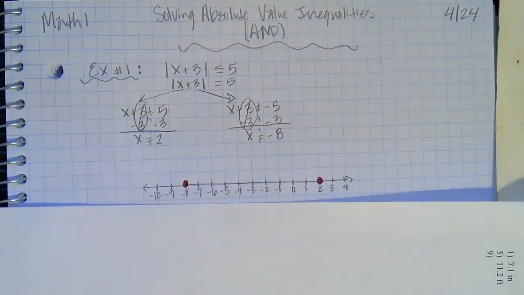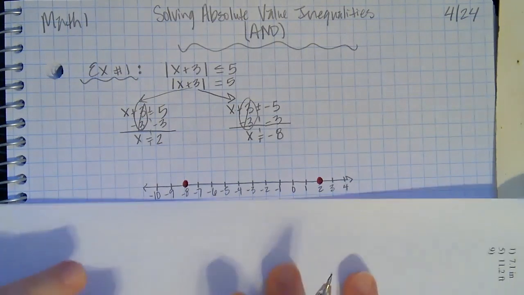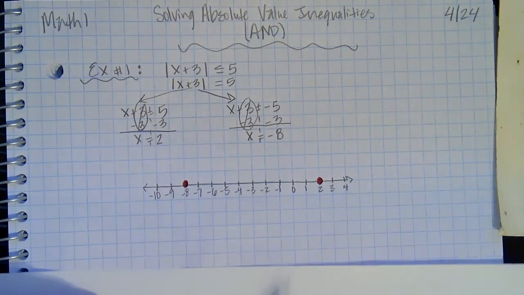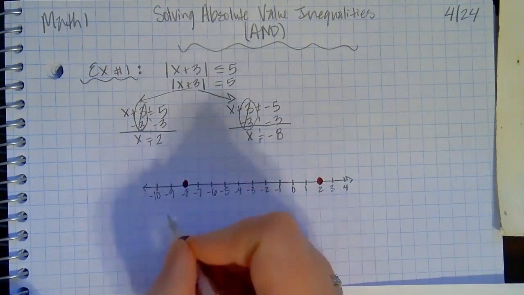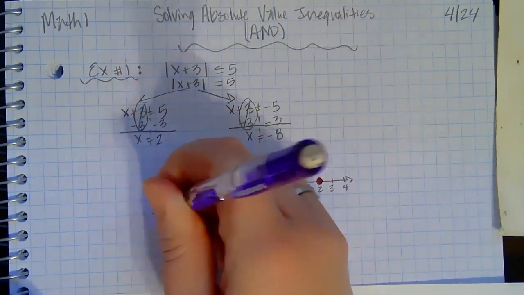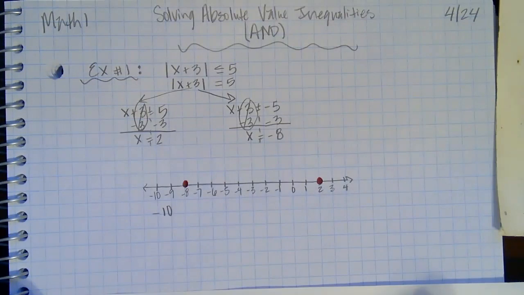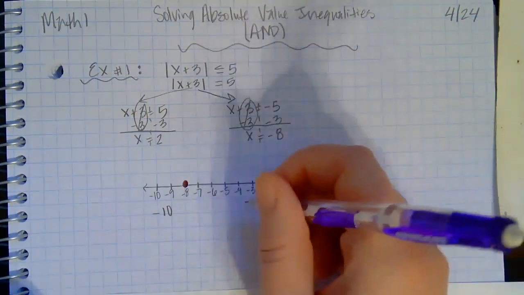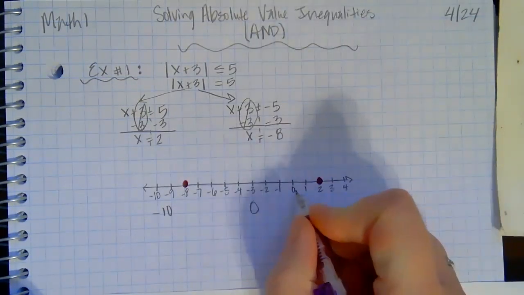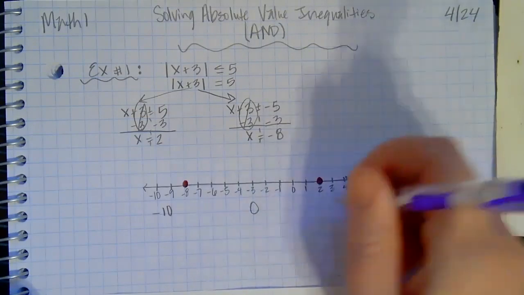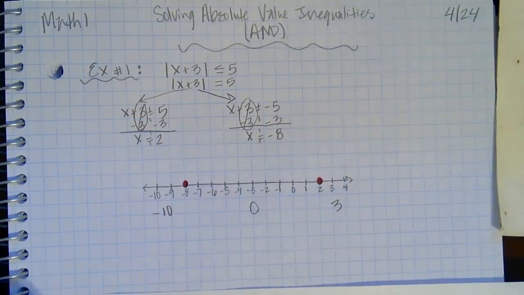Now we're going to test the regions like we did before to see which regions are true. I'll pick a point to test over here, maybe negative 10, because 10s are easy to multiply and add. Here I'll pick 0 because 0 is always easy. And then here I'll just pick 3. Any number from each one of them is fine.